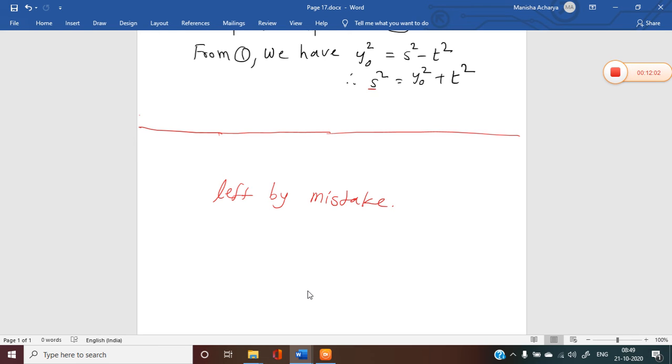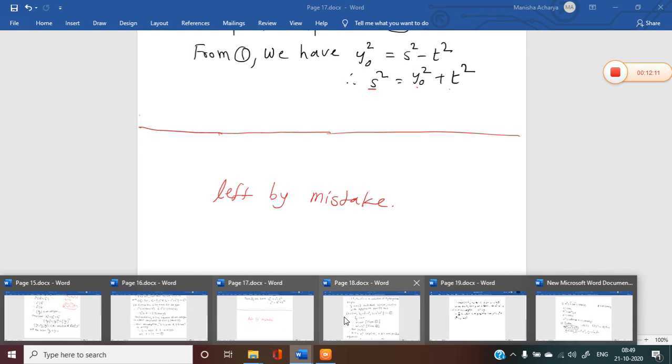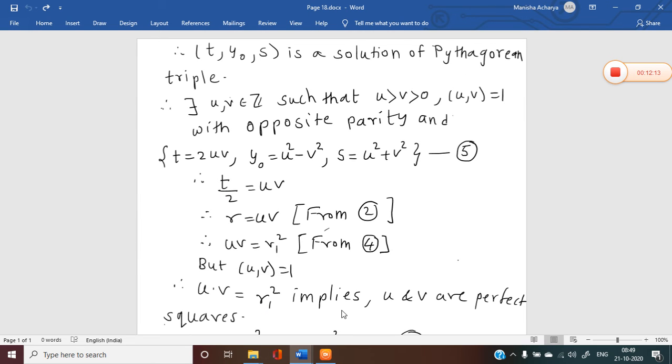Therefore s square is equal to y0 square plus t square. So this is again a Pythagorean triplet we are getting. That is what we have mentioned on the next page, that therefore t, y0, s is a solution of a Pythagorean triple. Since it is a solution, again we apply the same theorem.